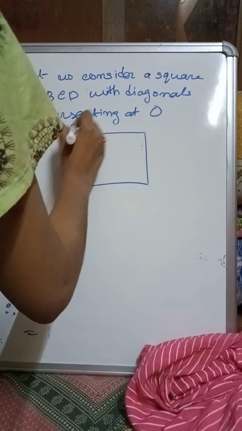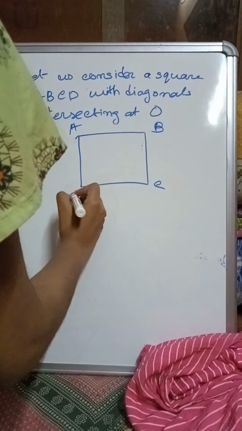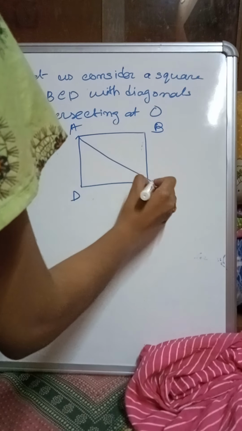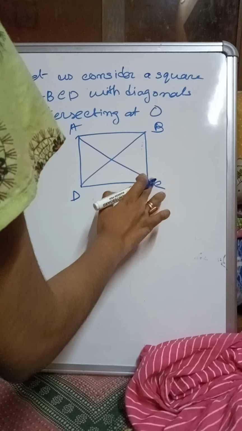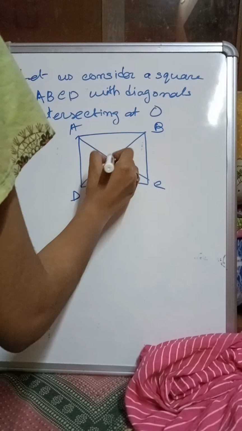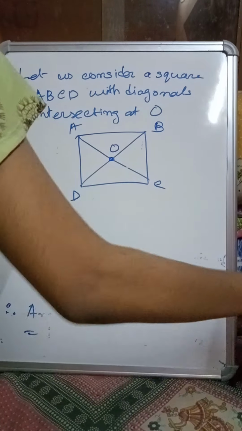I am naming it A, B, C and D. So this is AC and this is BD. So this is the intersecting point of the diagonals.